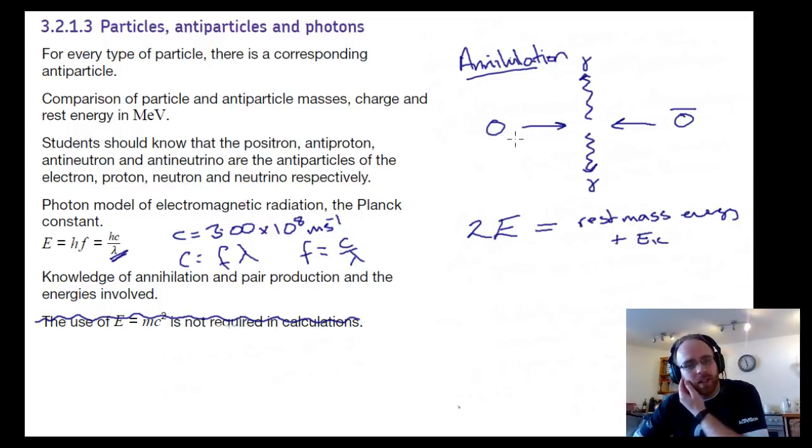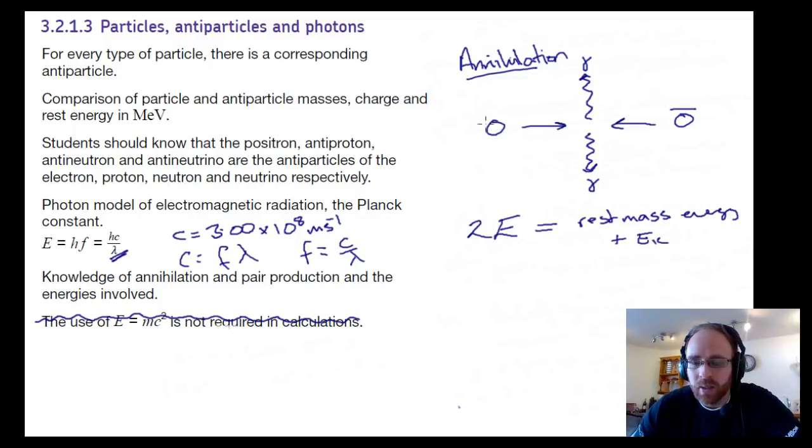So each one has some rest mass energy, which is going to be given to you in the paper, and then they also have some kinetic energy, so you can add those up, and that's going to equal 2 lots of hf. So this one's given to you from the data book. Maybe it will be an electron and a positron, so it'll be 0.510999 times 2 plus whatever the kinetic energy they give you of the electrons is.